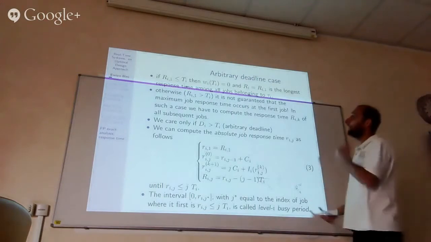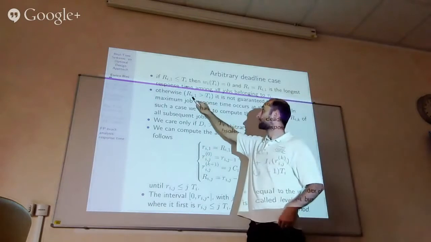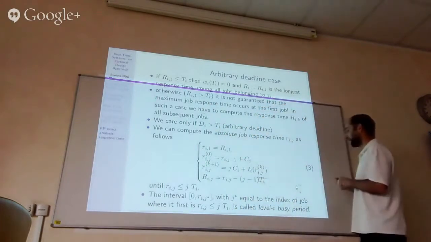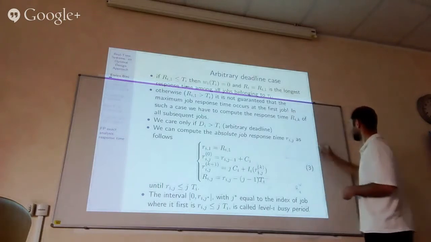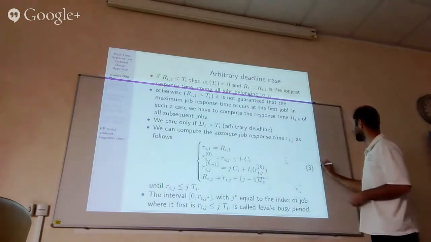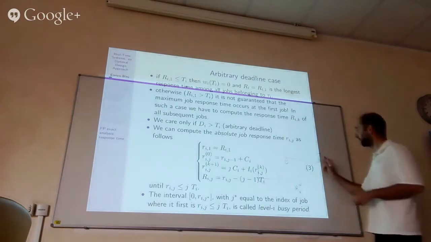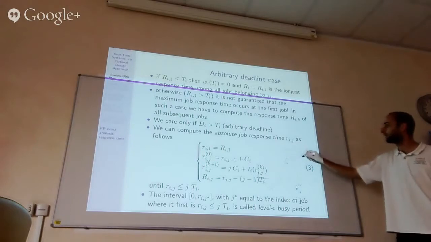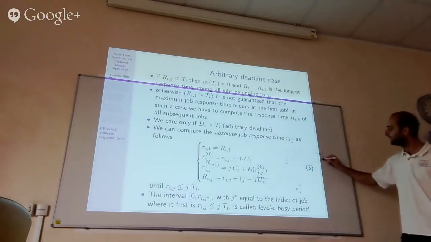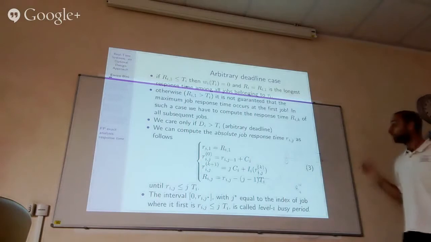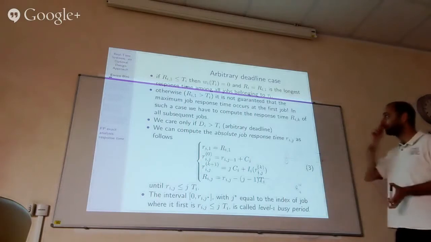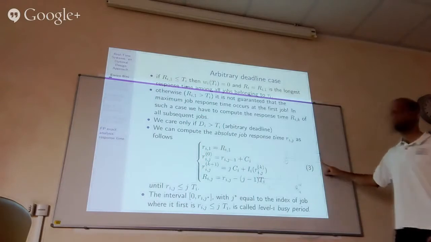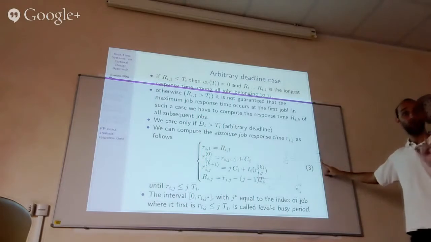Otherwise, if the response time is larger than Ti, we have a problem, because it means that we have 0, we have Ti, and we have this task which has not completed here. So the response time is: we do interference, interference, interference, and we find a value here. Okay? This is a problem. We are not guaranteed that the response time of the first job is the longest one.